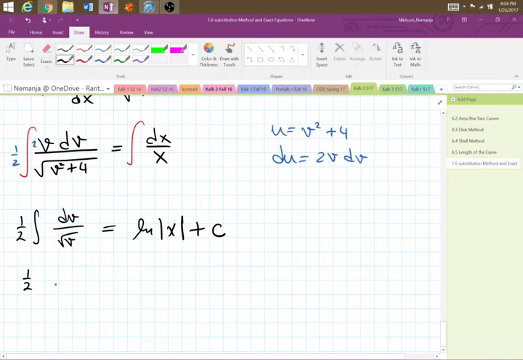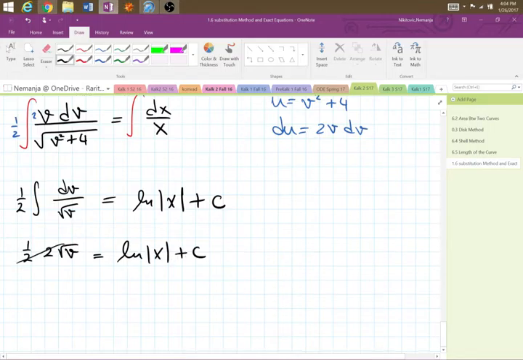So 1/2, that's a 1/2, negative 1/2, positive 1/2, so 2 root v equals ln x plus c. These cancel, and you have your v to be ln absolute x plus c, everything squared, if I did all of this correctly.